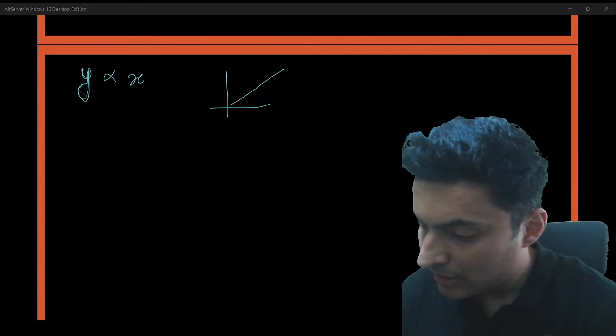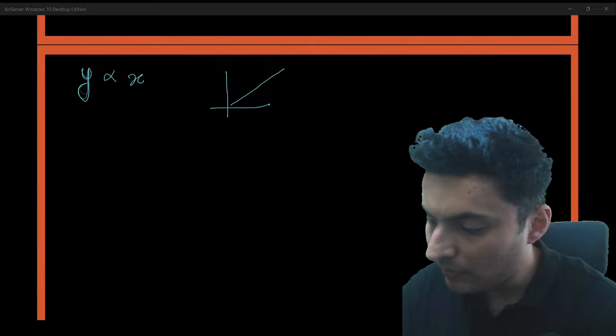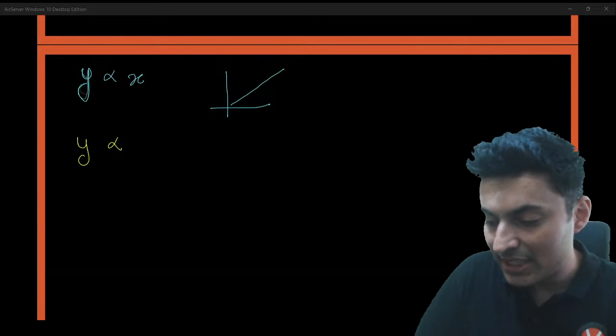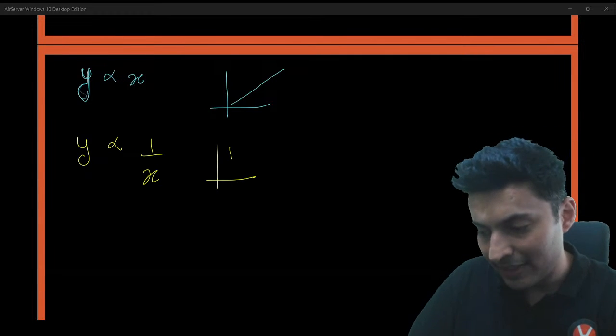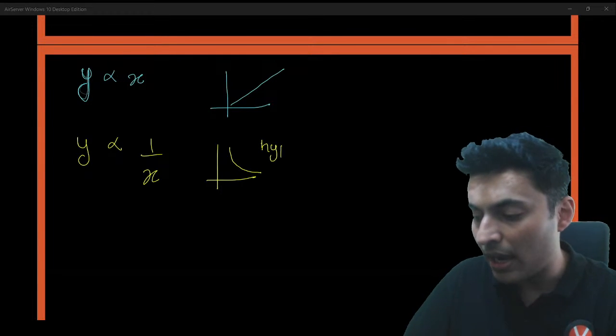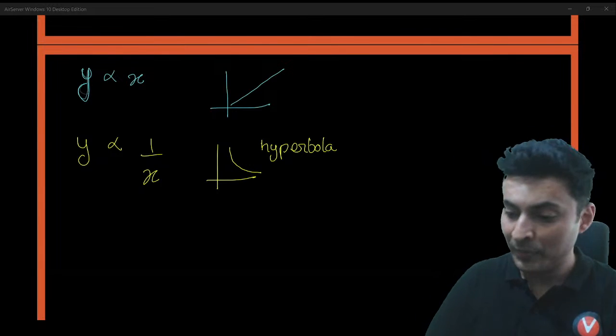But imagine a quantity y which is inversely proportional to x, then the graph will be something like this. This is basically a hyperbola.